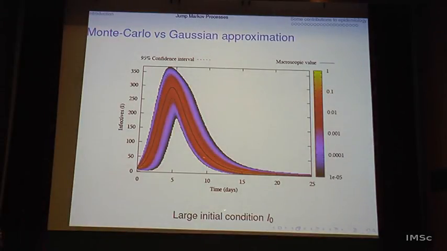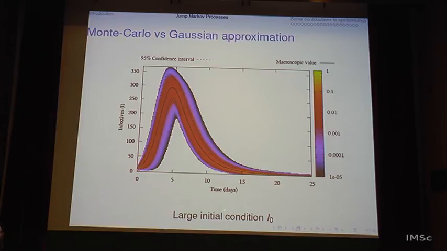The color is the Monte Carlo simulations, and the black solid and dashed lines correspond to the 95% quantile of the Gaussian approximation. This takes half a second to simulate, whereas the Monte Carlo usually takes several minutes. And you see that you have a good approximation of the stochastic process.